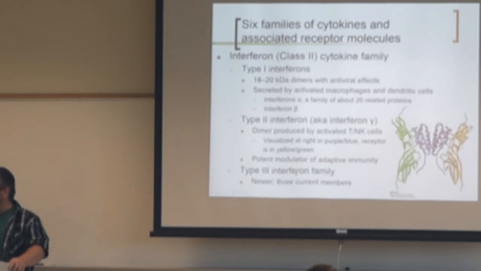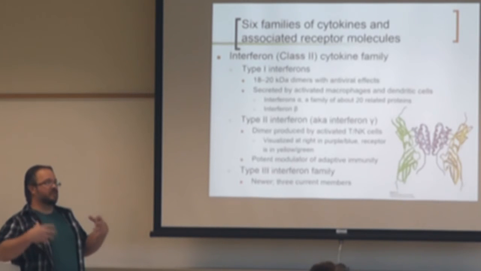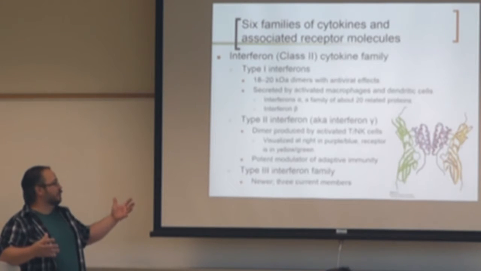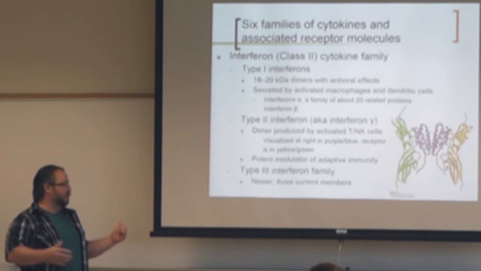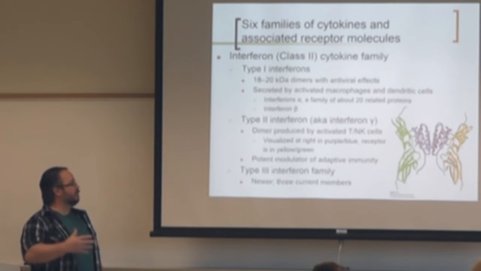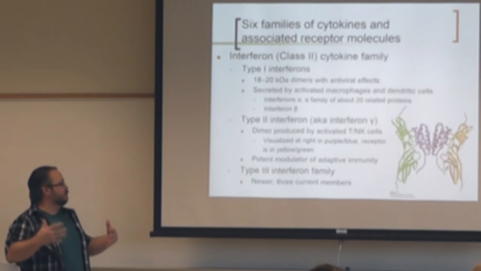And these are, as it says, potent modulators of the adaptive immunity. If you want to see if there's an immune response, a T-cell response, or B-cell, or anything, usually you're going to look for interferon gamma. So early on they developed ELISAs to find small amounts of interferon gamma, and that will alert you that you are having this immune response.